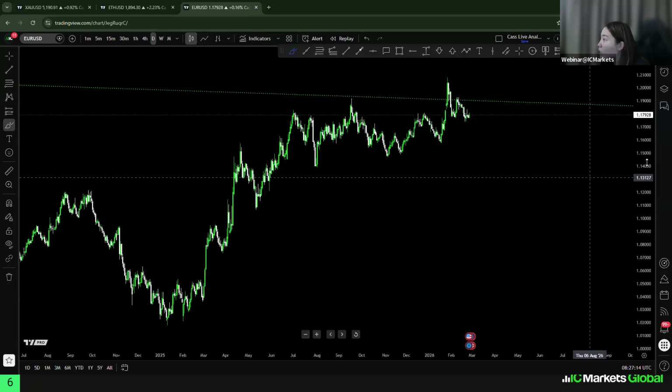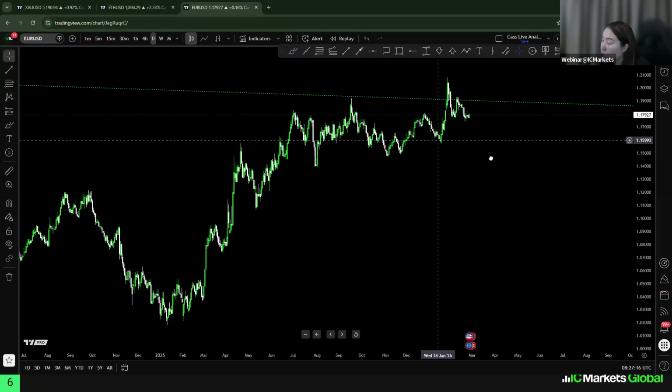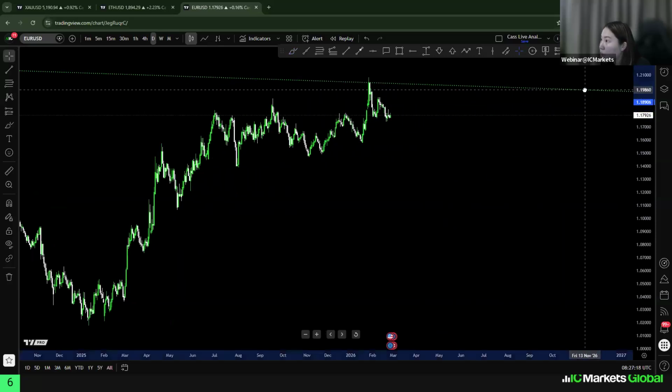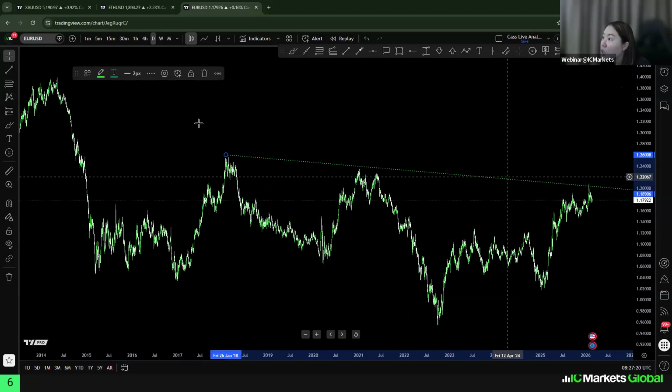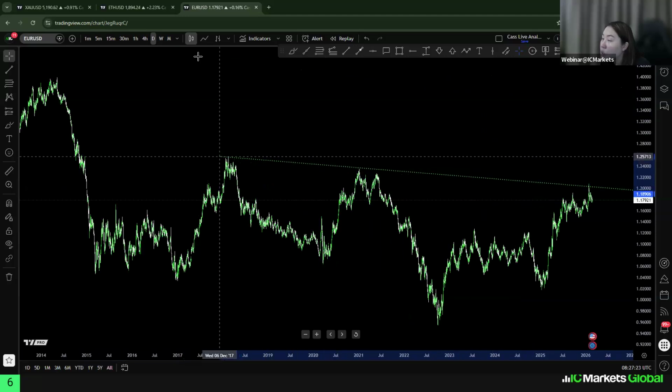I think it's hard for price to break the trend line. I'm going to assume that, because this is a weekly trend line we are talking about.